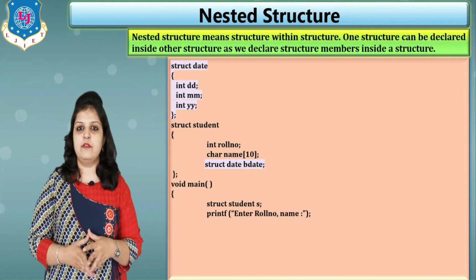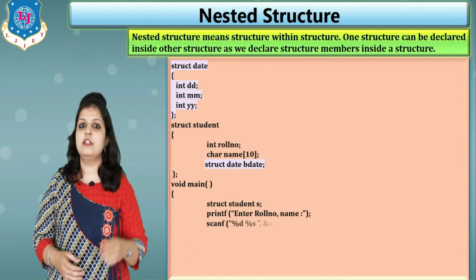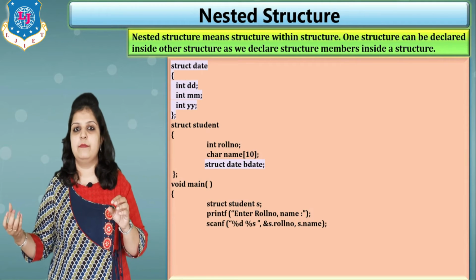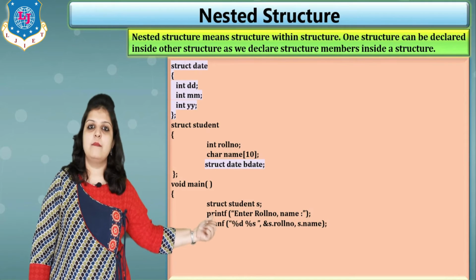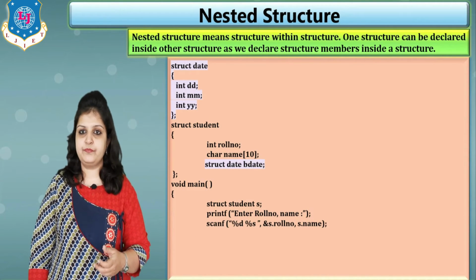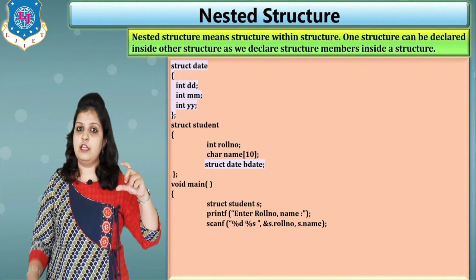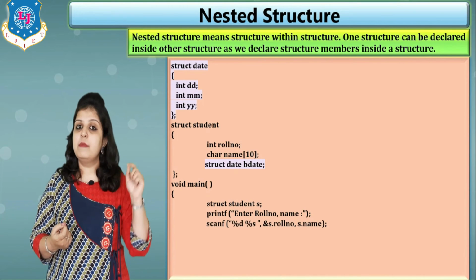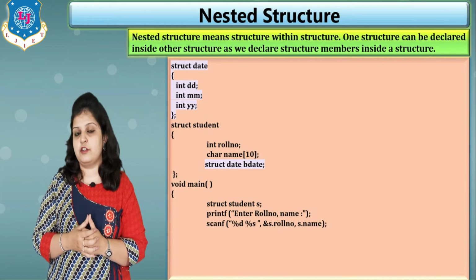So first I am writing one printf, enter roll number and name, and a scanf function where the first %d is for roll number and %s for name. So ampersand s dot roll number and comma s dot name. Now I want to enter the birth date, but the date structure is different, and the structure variable of date is bdate, declared inside our student structure.